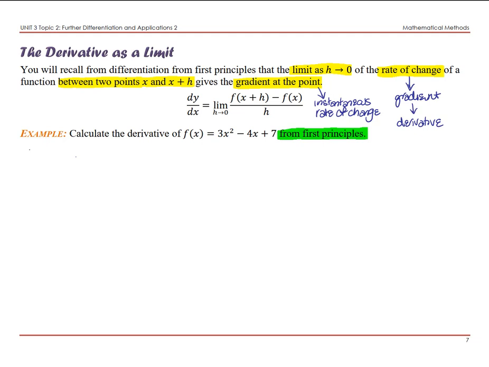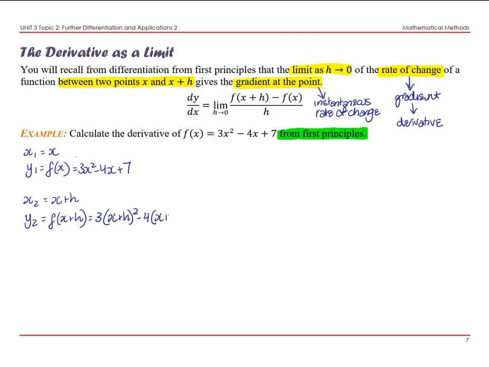So we always start with our 2 points. Our x1 is x, and our y1 is our f of x, which is 3x squared minus 4x plus 7. Our second value of x is going to be x plus h. So our y2 is f of x plus h, which is 3 lots of (x plus h) all squared, minus 4 lots of (x plus h) plus 7.